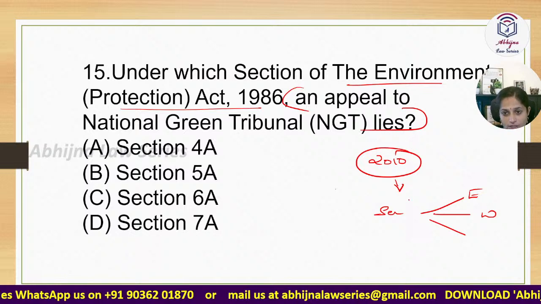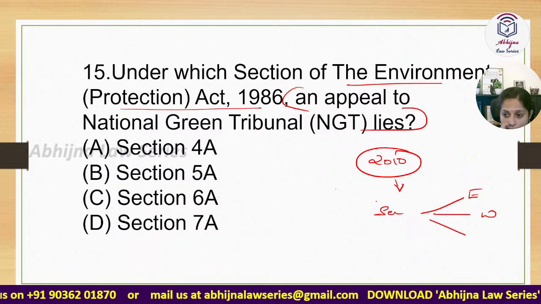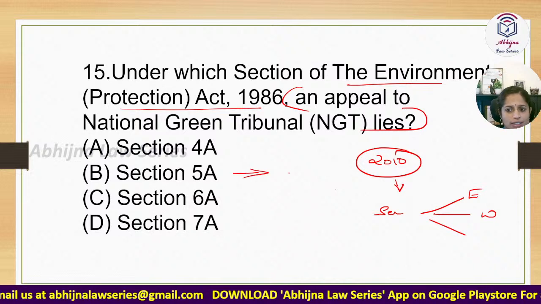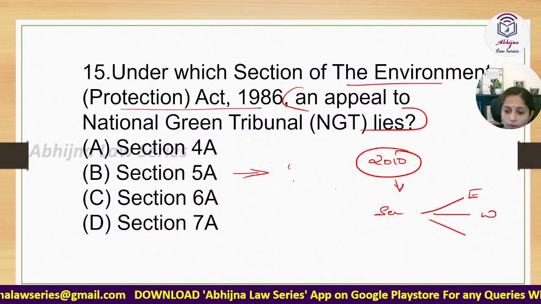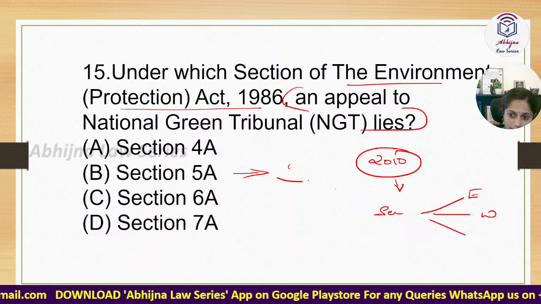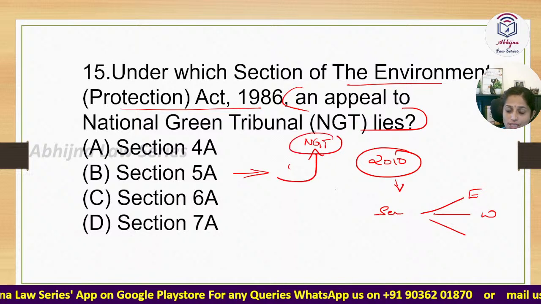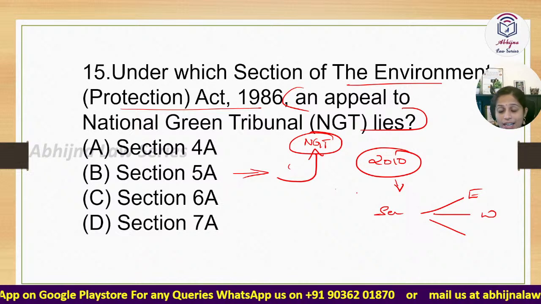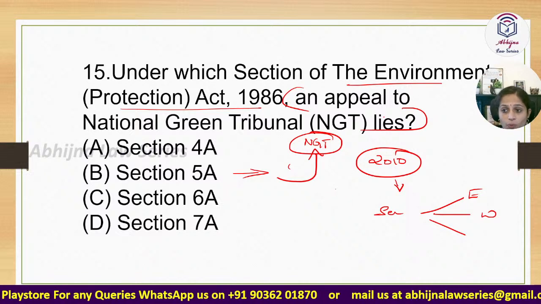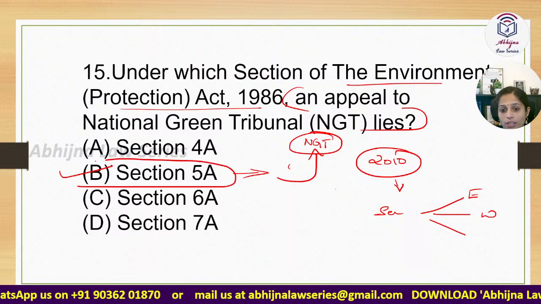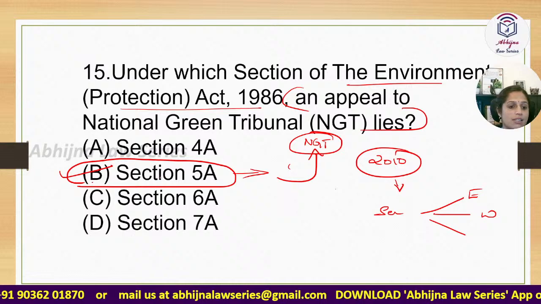In the Environment Act, certain adjudicating officers are there, the central government is there. So, whenever they pass a certain order, then the appeal lies to the National Green Tribunal. So, the NGT Act has made certain amendments in the Environment Act in section 5A. B is the answer.